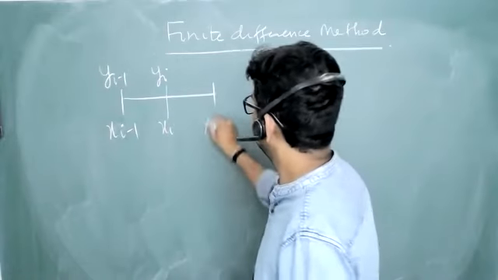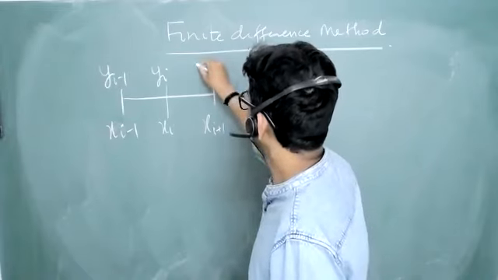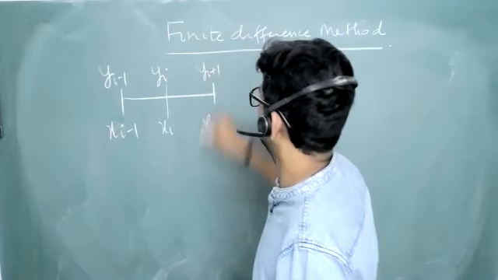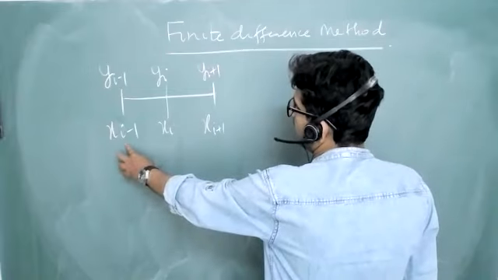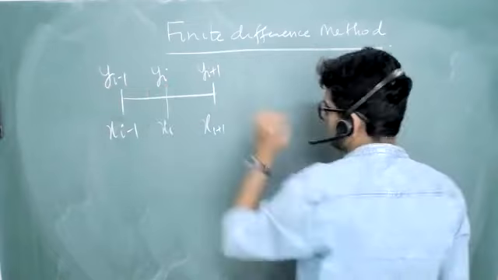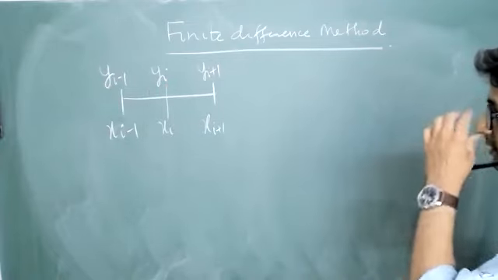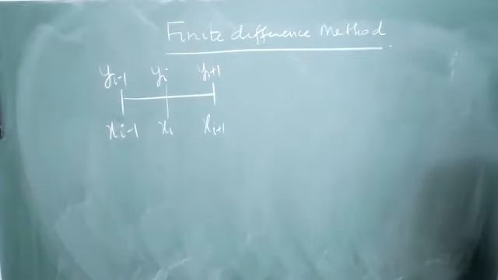And then here the grid will increase, it will become i plus 1, and yi plus 1. You can take an example. If i is equal to 1, it will become x0, x1, x2. It will become y0, y1, y2. Understood? For any differential equation, this will be the grid.